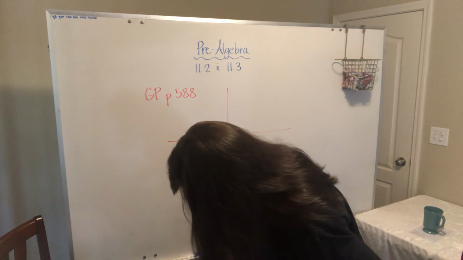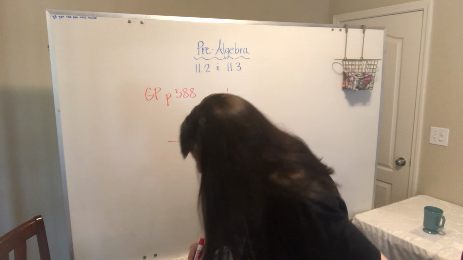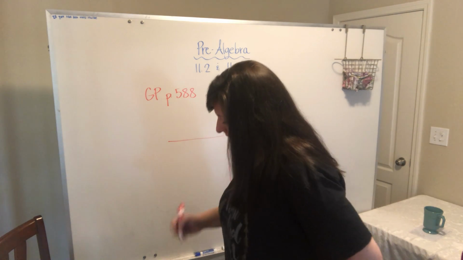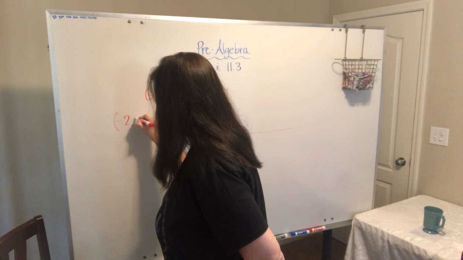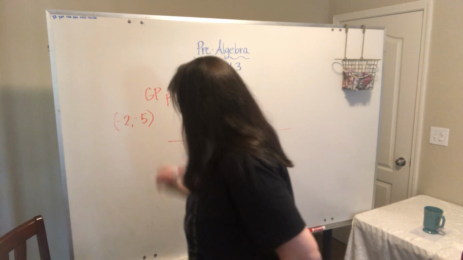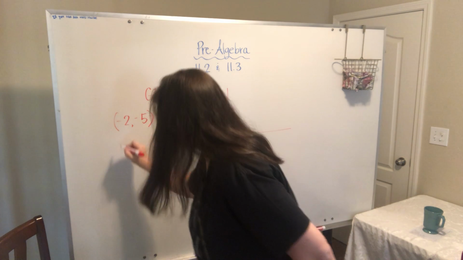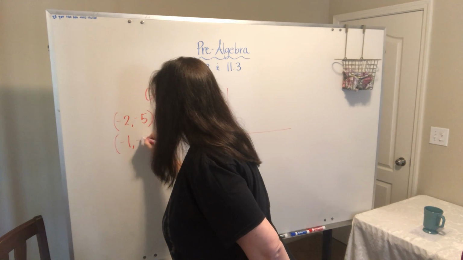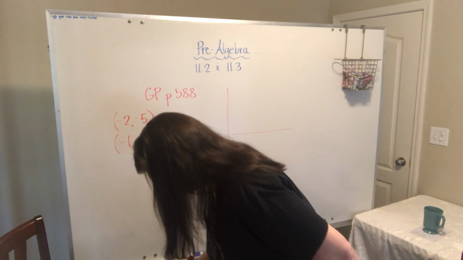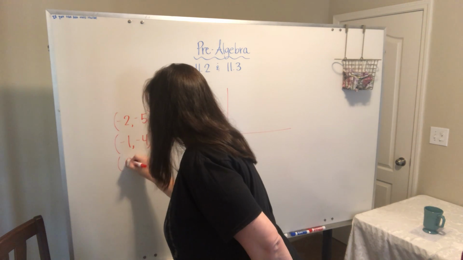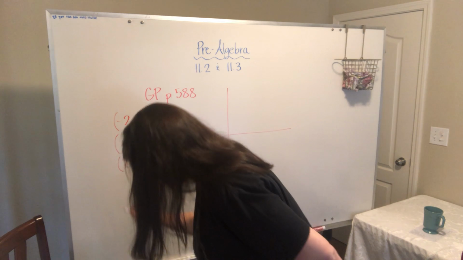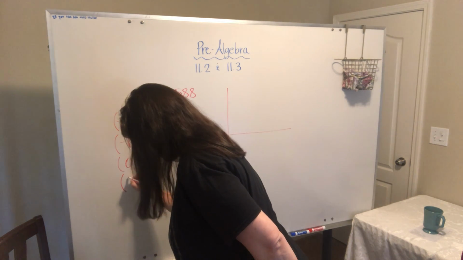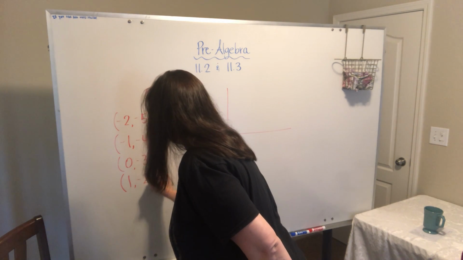All right, so in this case, the first coordinate I would look at, it's a table there, but you should recognize that first one would look like a coordinate like that. -1, -4, 0, -3, and 1, -2.